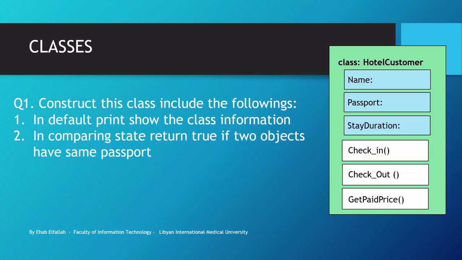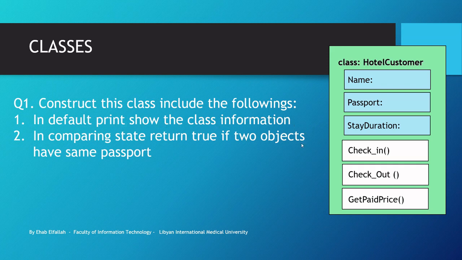Here we have an example. We want to know how to write these special methods. Here we have a class called hotel customer, consisting of three attributes: name, passport, and stay duration, and we have three methods: check in, check out, and get paid price. The question is, construct this class to include the following. First, in default print, show the class information.